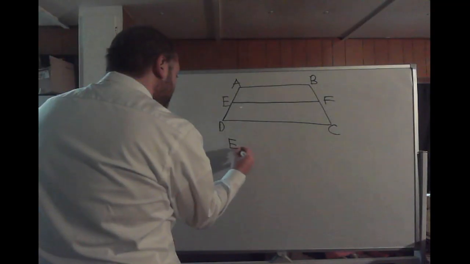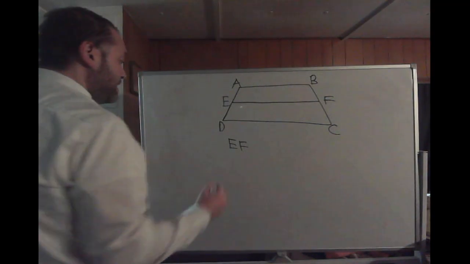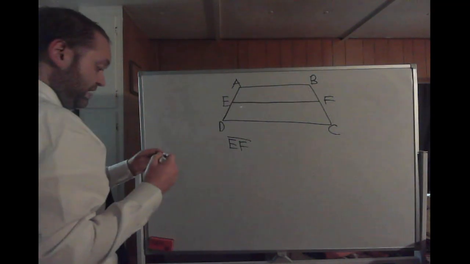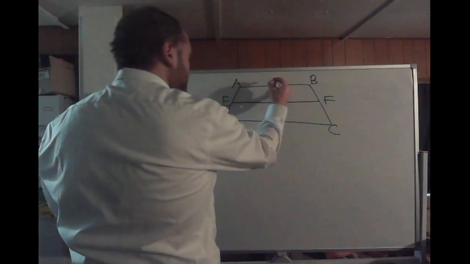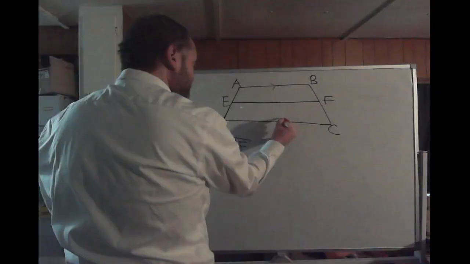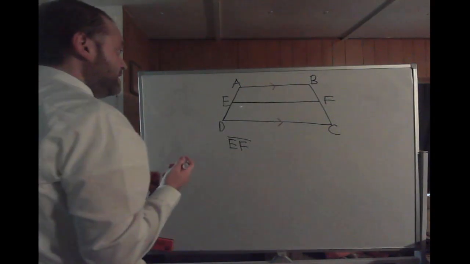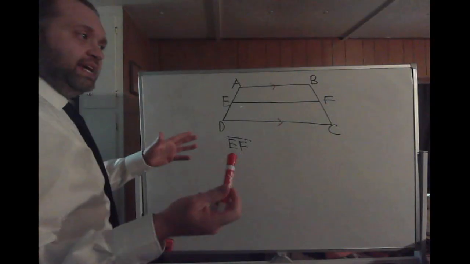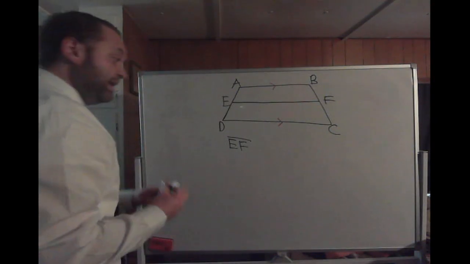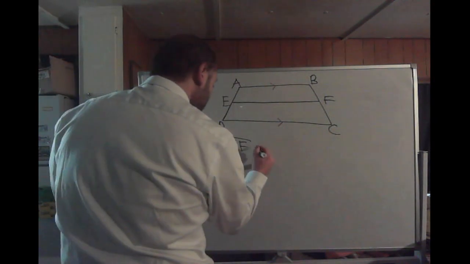What is EF? Well, we have trapezoid ABCD where, of course, AB is a base, CD is a base, and they're parallel to each other. That means AD and BC are the legs, but what's EF? EF is the median.